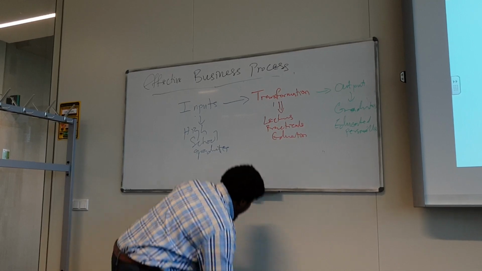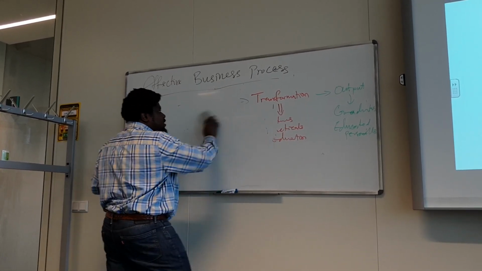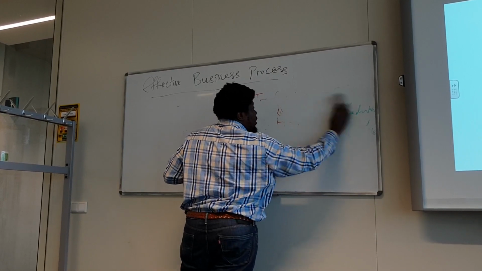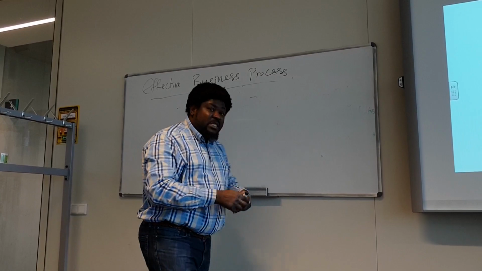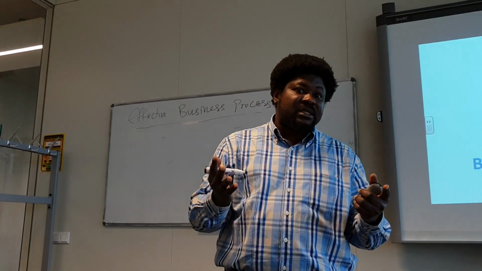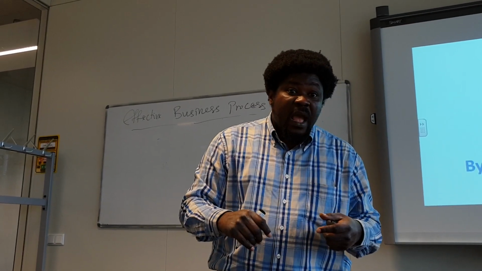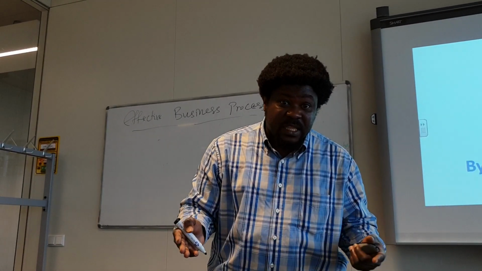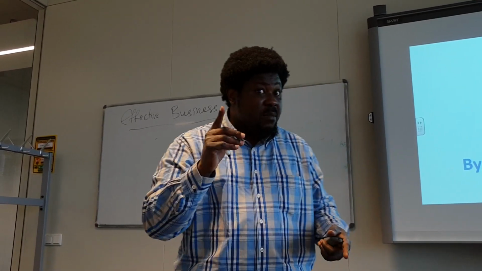Now, the last part of my short lecture on business processes would be that when we talk about business processes, remember I started this by telling you that business processes are activities that help the organization to achieve its goals and objectives, that is, produce products and render services and make profits.